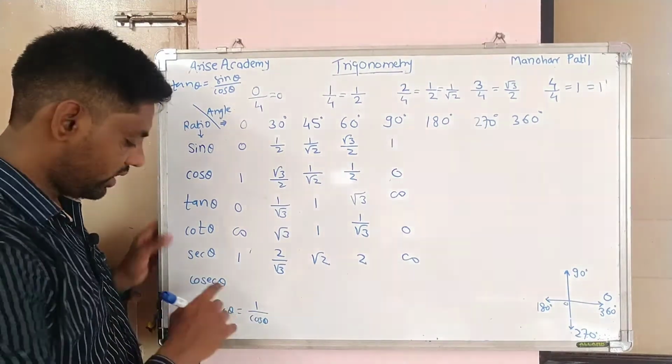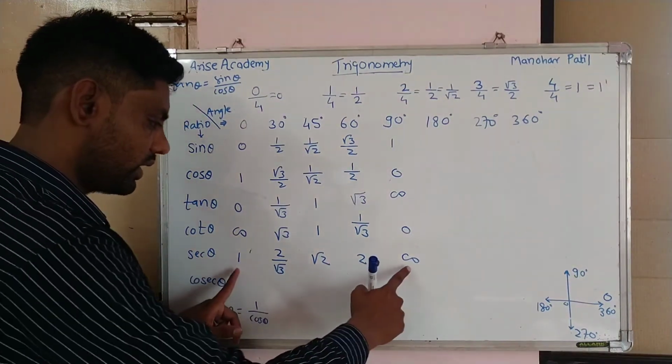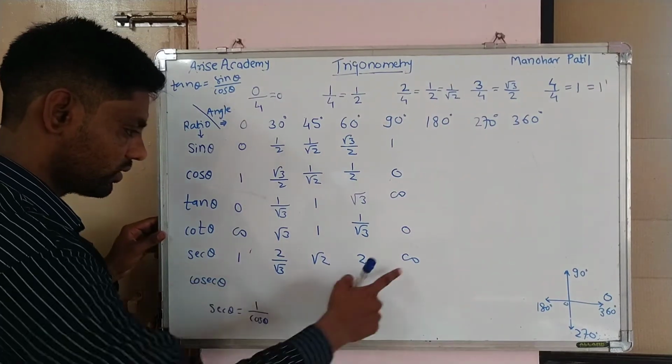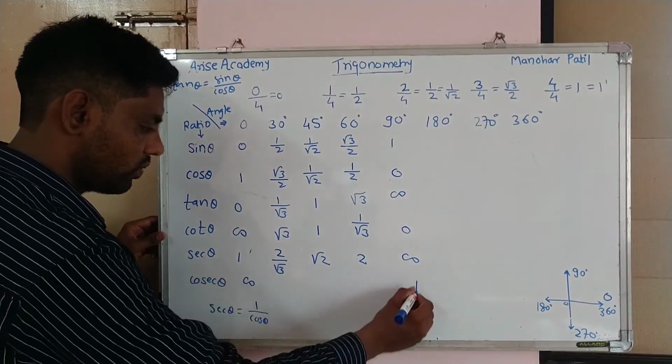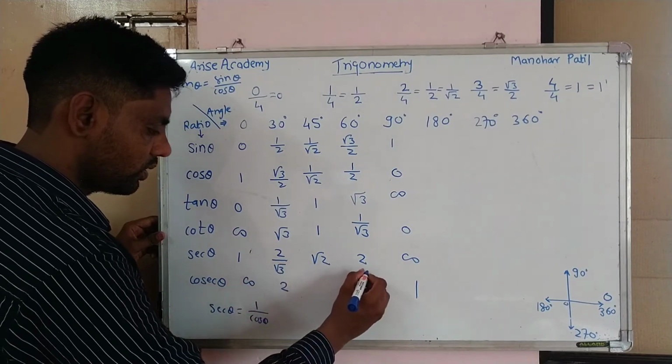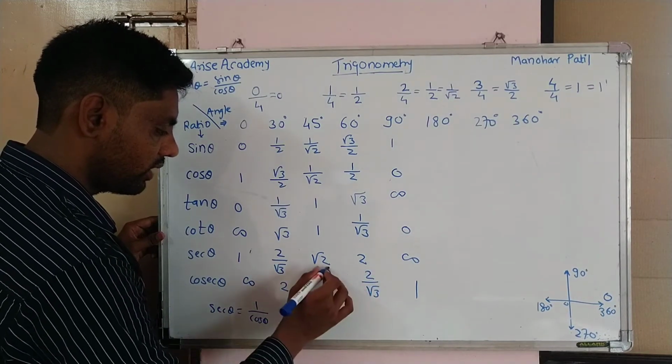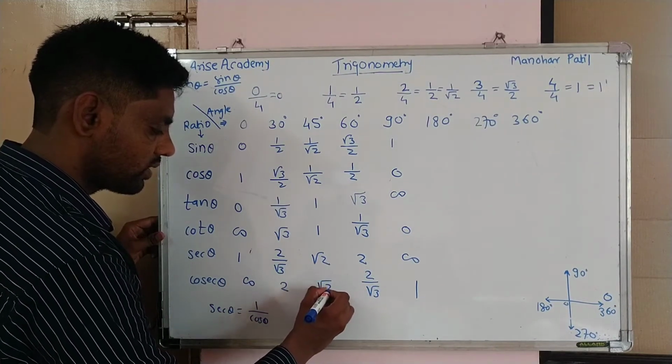And to find the values of cosec theta, just write them in reverse order: infinity, 1, 2, 2 by root 3, and the value for 45 remains the same.